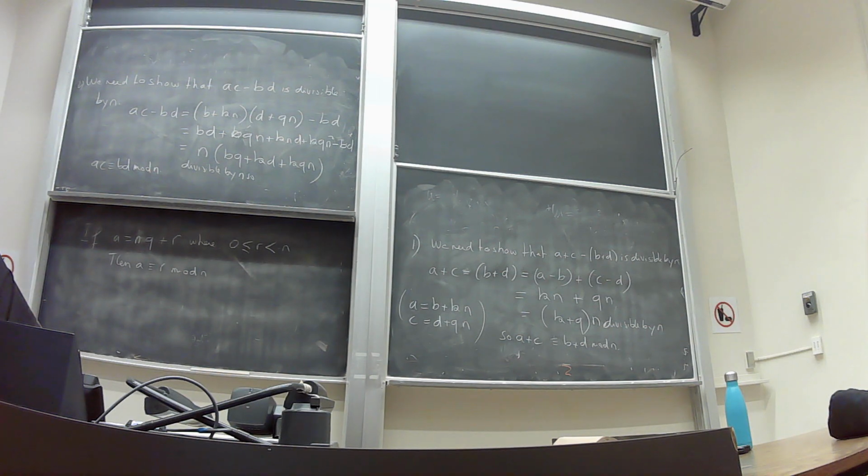Let's pick an example here. Let's say 66 mod 4 is equal to what? It's 4 times 16 plus 2. Agree or not? So 64, so 66 is congruent to 2. That's clear?